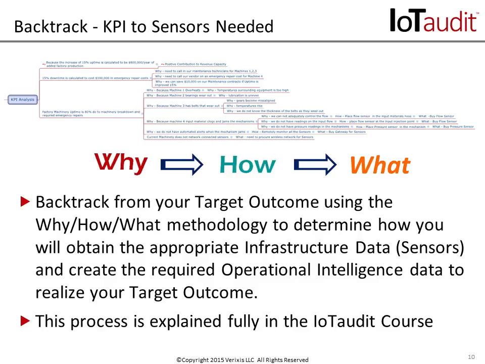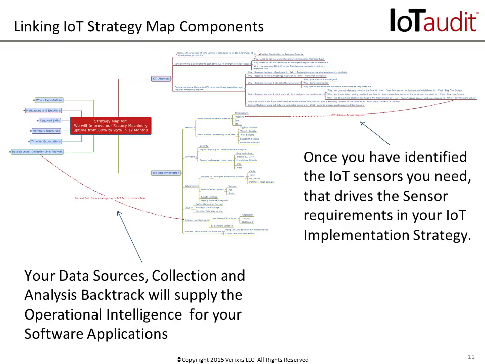All these materials are in the IoT audit course. But what you're doing, moving from left to right, is actually determining which sensors and what modalities you need. For instance, temperature sensors, pressure sensors, flow sensors. You're going to need to understand and collect the infrastructure data required to create the operational intelligence that in turn is going to help you solve your target outcome.